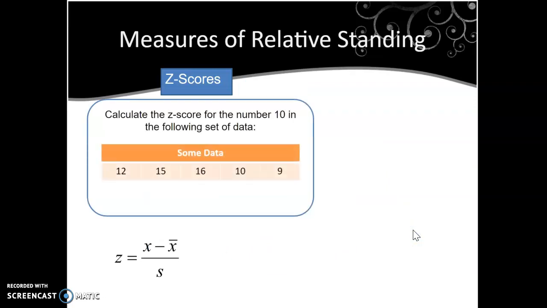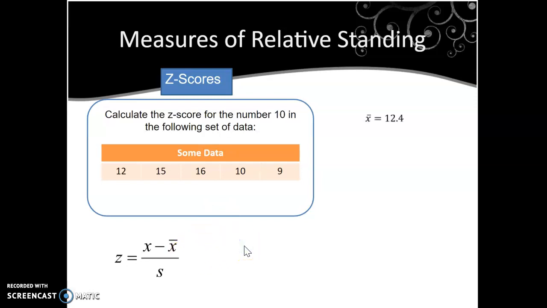Okay, so let's practice an example with just 5 data points here. Let's calculate the z-score for the number 10 in the following set of data: 12, 15, 16, 10, and 9. Now there are 2 calculations that you should pause this video and try to do on your own. One is the mean: adding up all the values and dividing by the total number, which is 5.